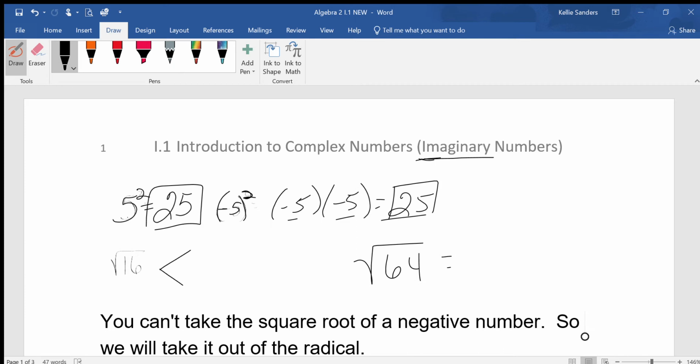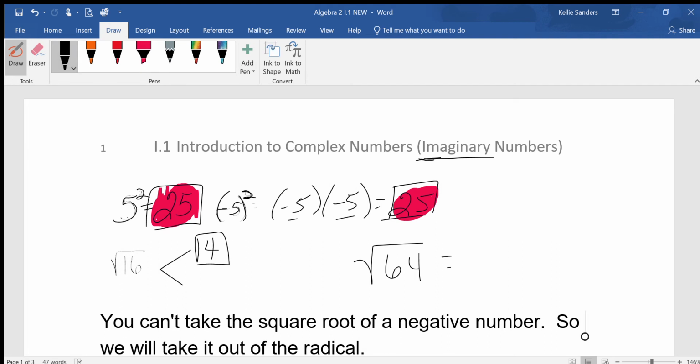Okay, so what this means is the square root of 16. What did you multiply by itself to be able to get 16? What times what is 16? And yes, the answer would be 4. But if you recall, a second ago, I got a positive 25 by multiplying 5 times 5, and I got a positive 25 by multiplying negative 5 times negative 5.